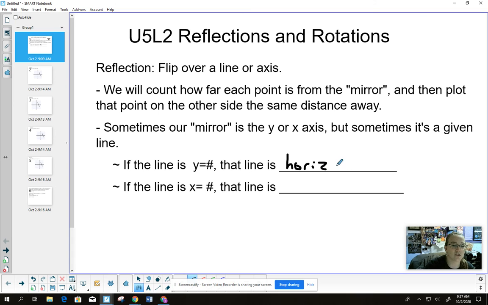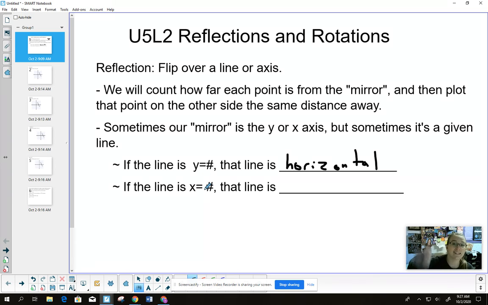Now this is weird to us because we normally think the y-axis, and that's correct, the y-axis is the vertical one. However, y equals a number is horizontal because every single point on that line has the same y value. If I have a line y equals 3, every single point there is going to have that same value of y equals 3.